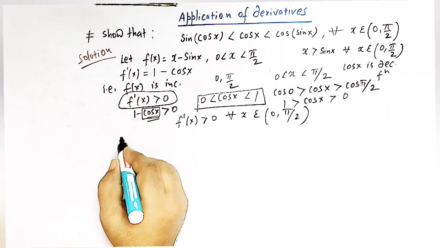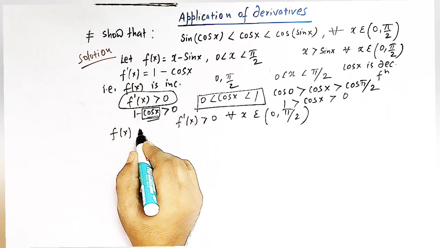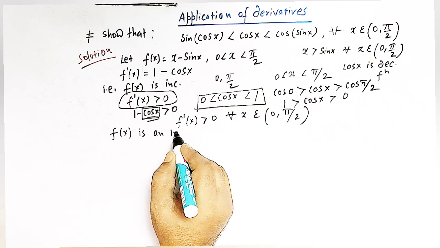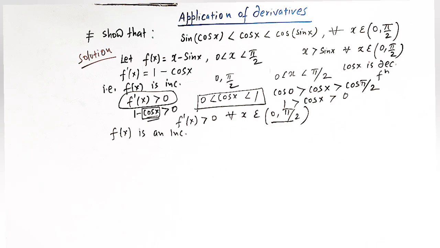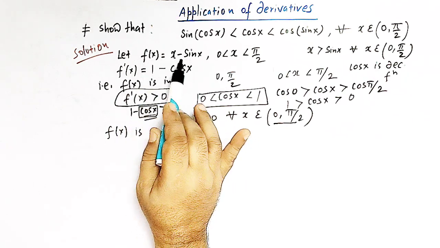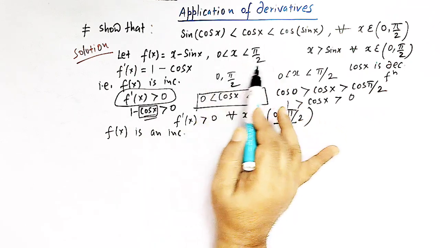So we can now say that f of x is an increasing function for all x belonging to this interval. So we have proved that this function f of x is an increasing function in this interval.